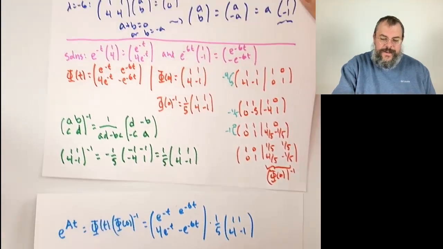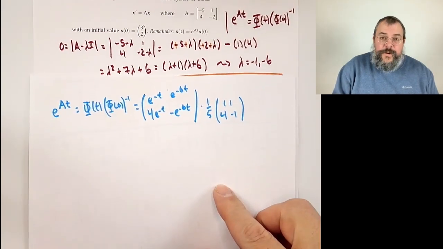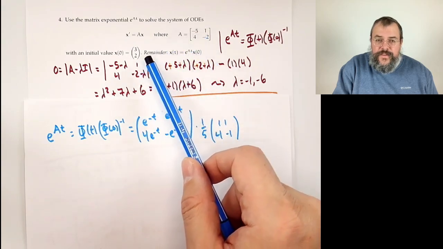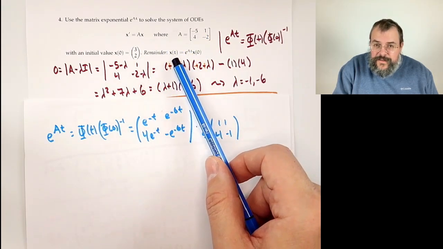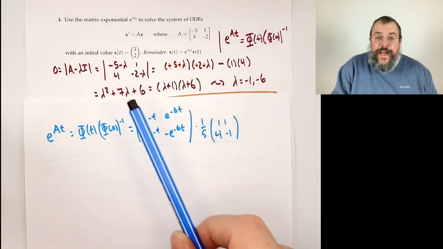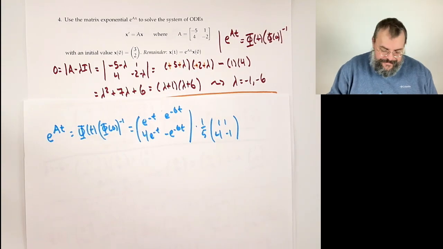Okay, now we run back to where we started, which says use the matrix exponential e to the at to solve the system. Remember, x of t equals e to the at times x of 0. Well, we have e to the at, and we have x of 0. We put them together.